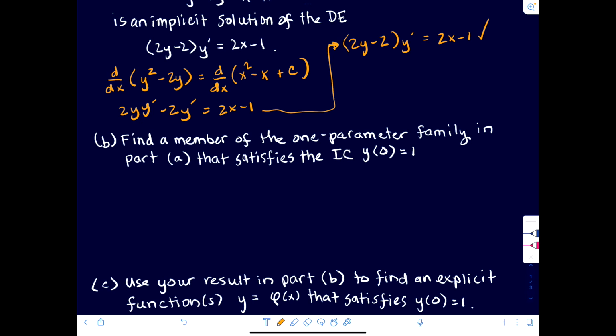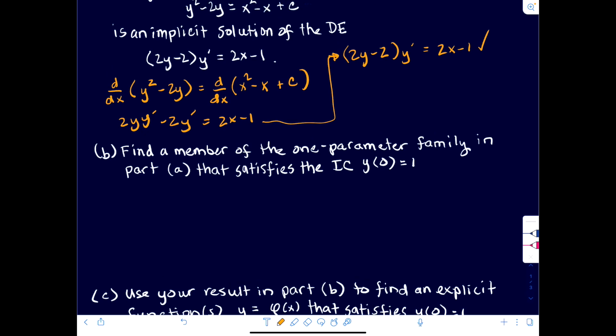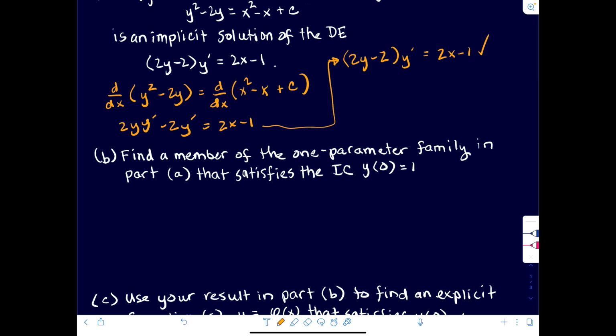All right, so now we want to find a member of the one parameter family in part A that satisfies the initial condition y at 0 equals 1. So here we go. With this one, we are going to take a look at that original equation because this initial condition is in terms of y.